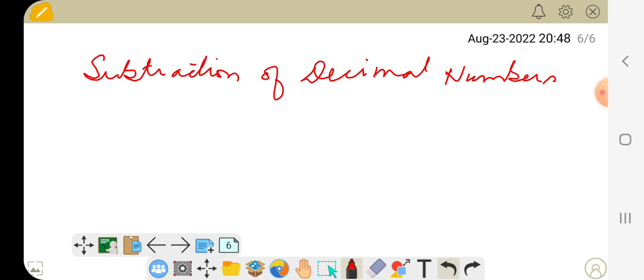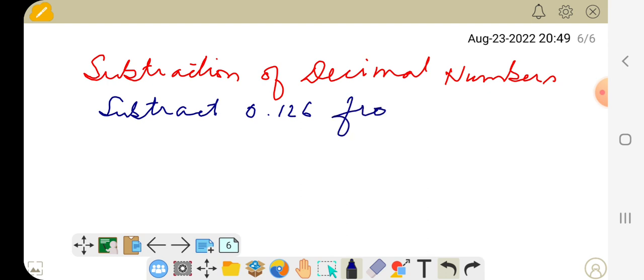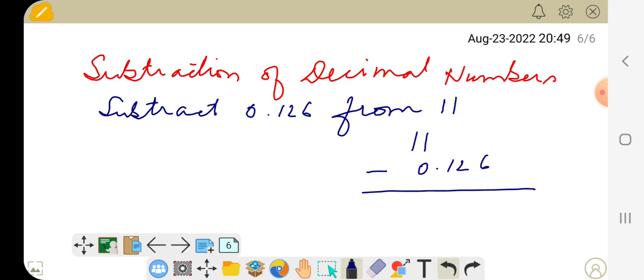Suppose we have to subtract 0.126 from 11. So which one is the bigger number? As you know, 11. We have to subtract 0.126; the point should be here, then 1 2 6. Put the point here.